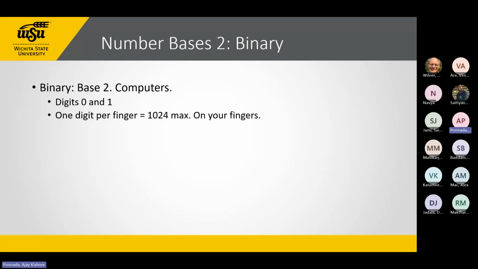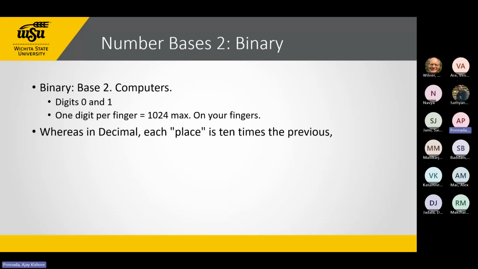So you can count up to 1023. So this is 1, this is 2, this is 3, like 1 plus 2 plus 4 is going to be 7, and so on. The maximum you can count on your 10 fingers is 1023.